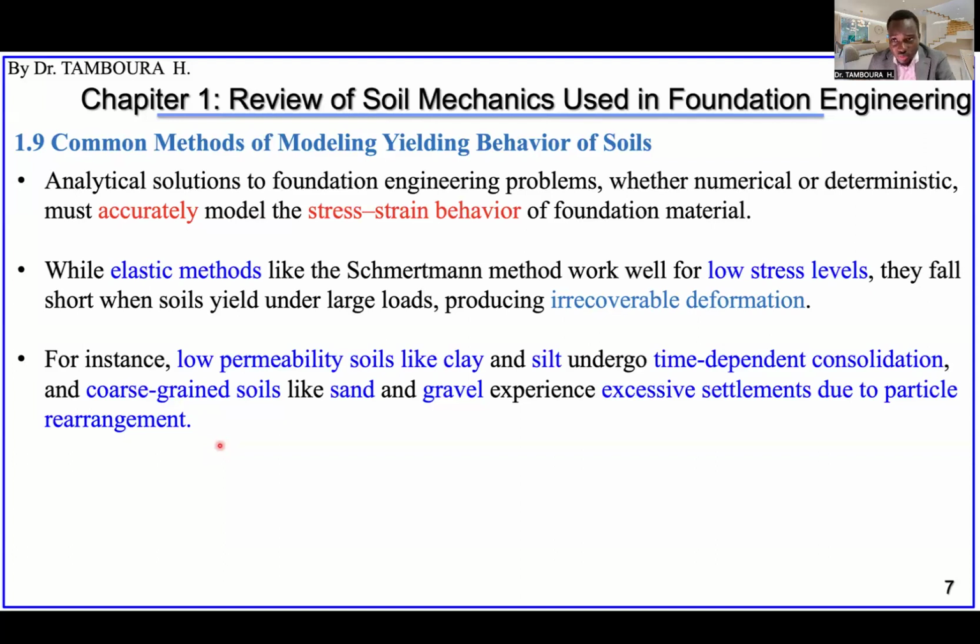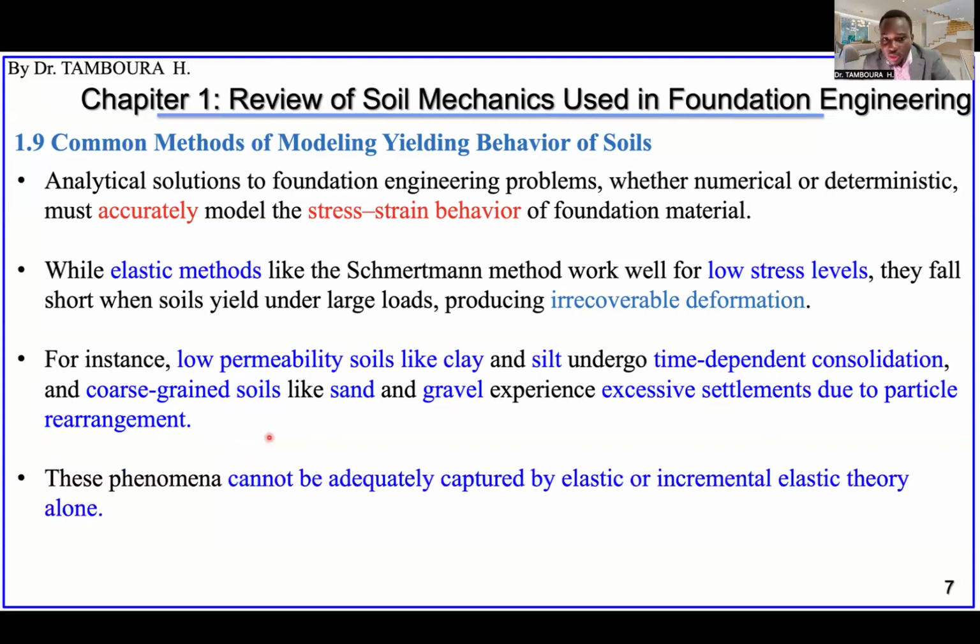The positions of the sand or gravel particles will change, and the void between them will become smaller and smaller because they will come close to each other, and there is rotation, because they are not perfectly smooth or spherical in shape. So in clay we have this. In coarse grained soil, sand and gravel, we will have this particle rearrangement problem.